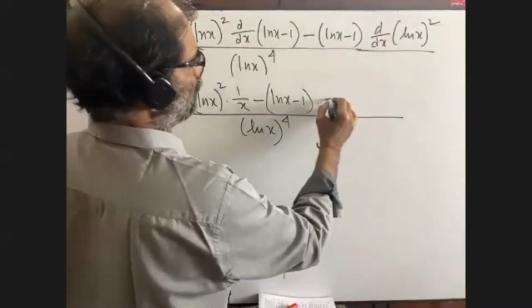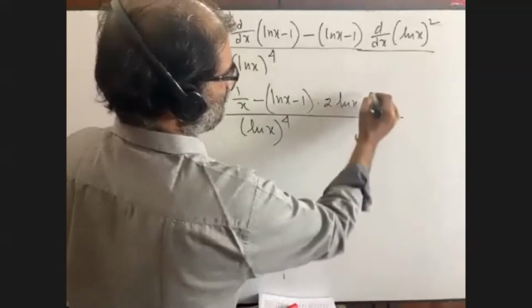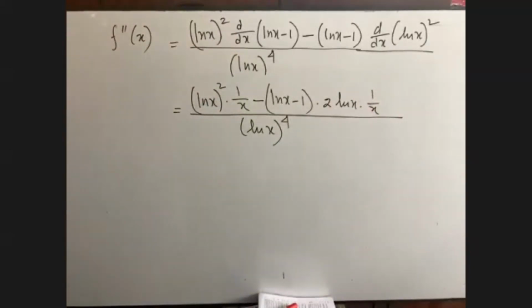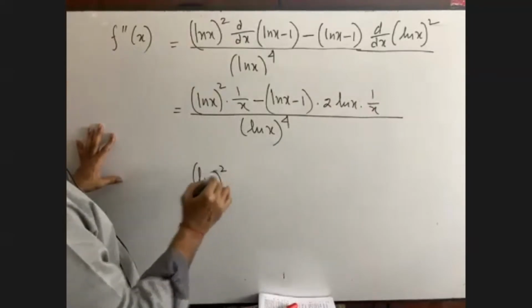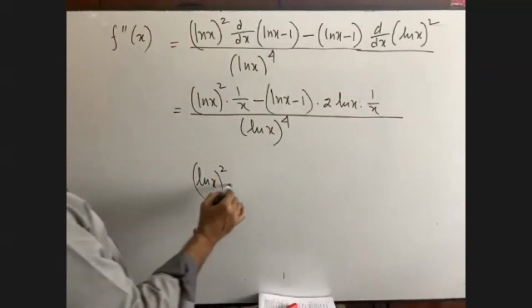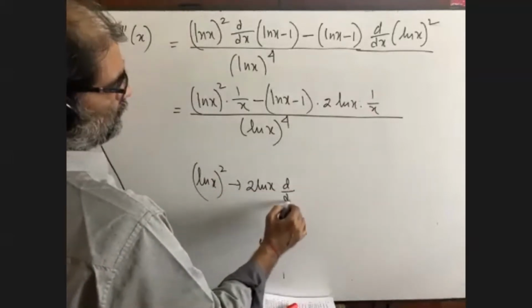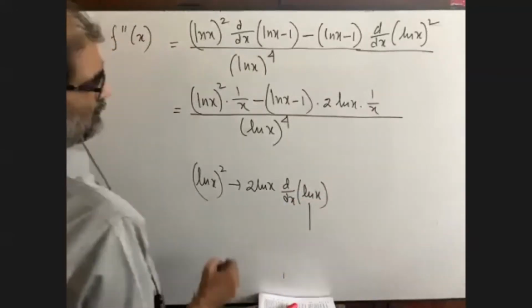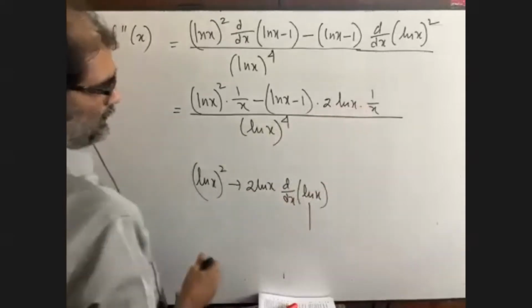So it will be 2 ln x dot ln x, that is 1 by x. I think you have got me right. At first you must have the functioning of power. It is 2 ln x, then d by dx, again ln x. So ln x is 1 by x, so we are getting 2 ln x into 1 by x. Okay.